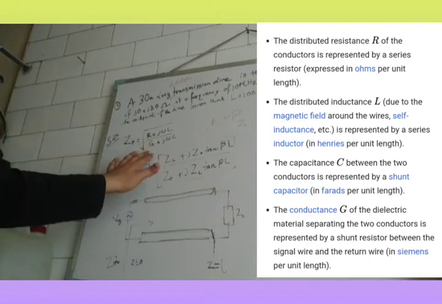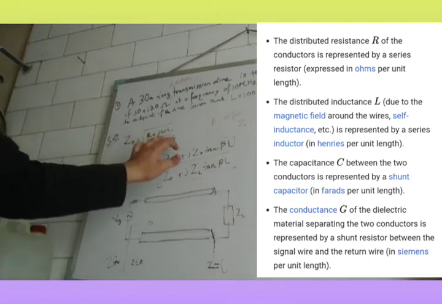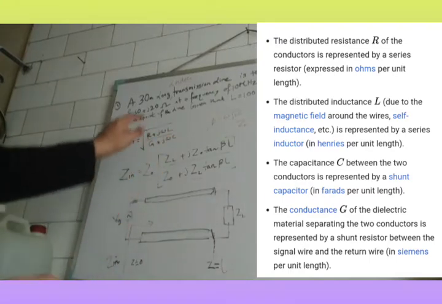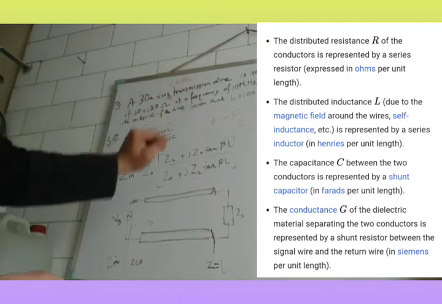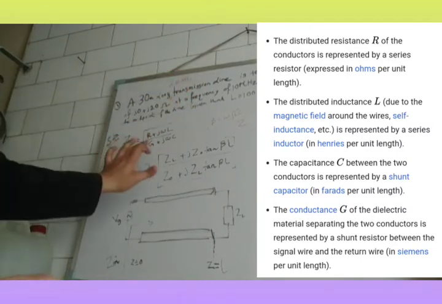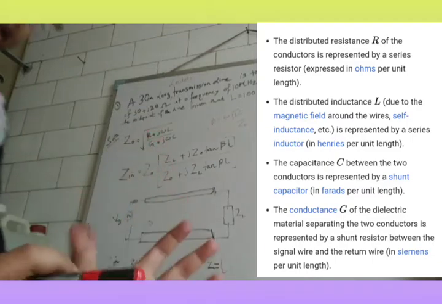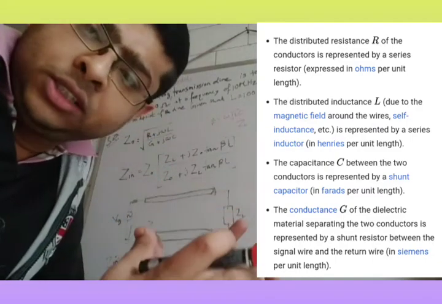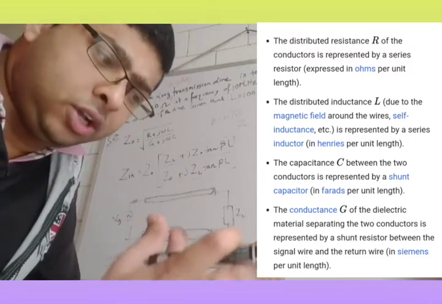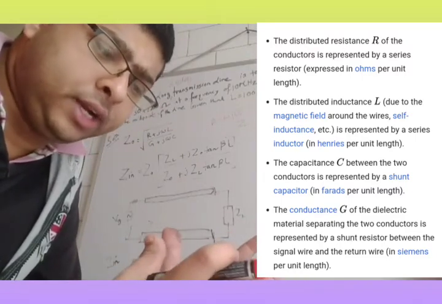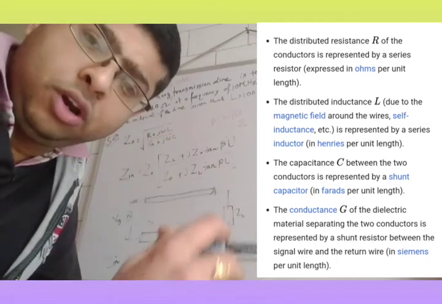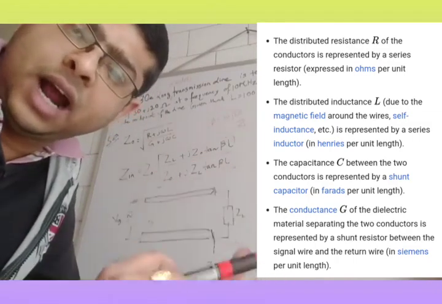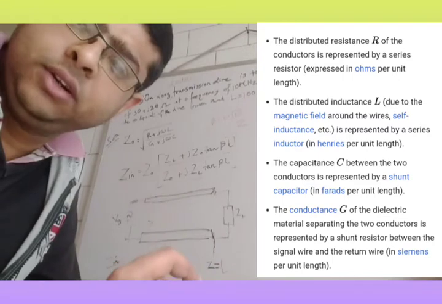I explained this in the class. What is R? What is G? What is L? What is C? If the transmission line is lossless, that means these loss parameters, which actually include the loss terms, the losses in this transmission line, are 0. So if there is no loss, R and G both will be 0.